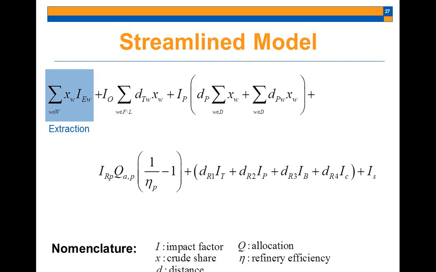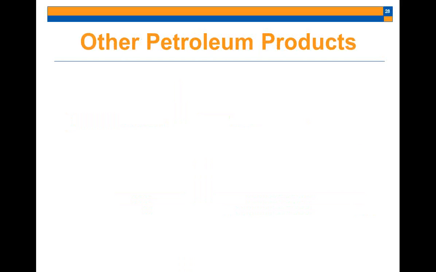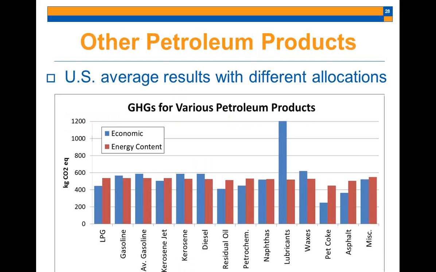So we have extraction, and then transportation by overseas tanker, transportation by land and pipeline, refining, which considers allocation and efficiency, transportation of the refined product to storage areas, and this can be done using pipelines or rail cars or many different things. And then finally storage.